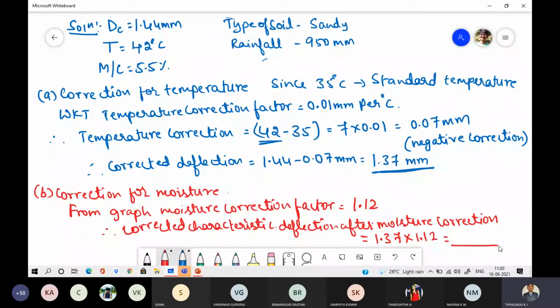Calculate the value. How much are you going to get? 1.37 into 1.12, 1.53. So this will be your corrected characteristic deflection after applying the temperature correction and the moisture correction.